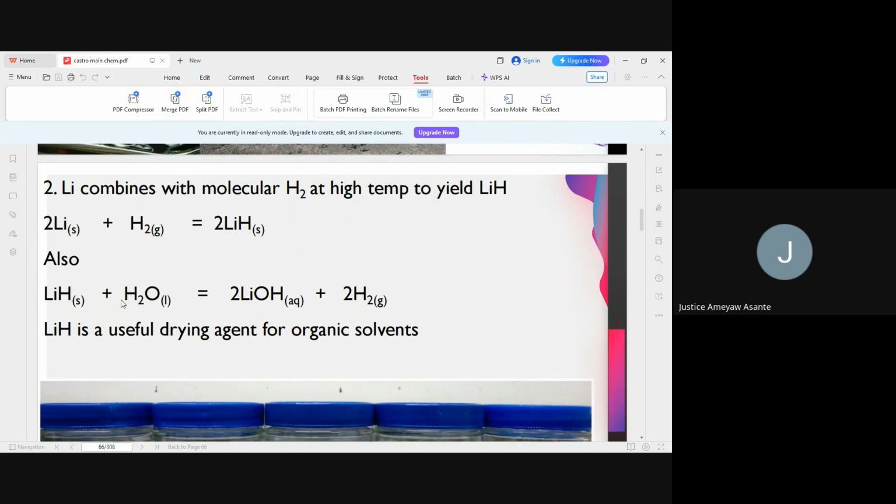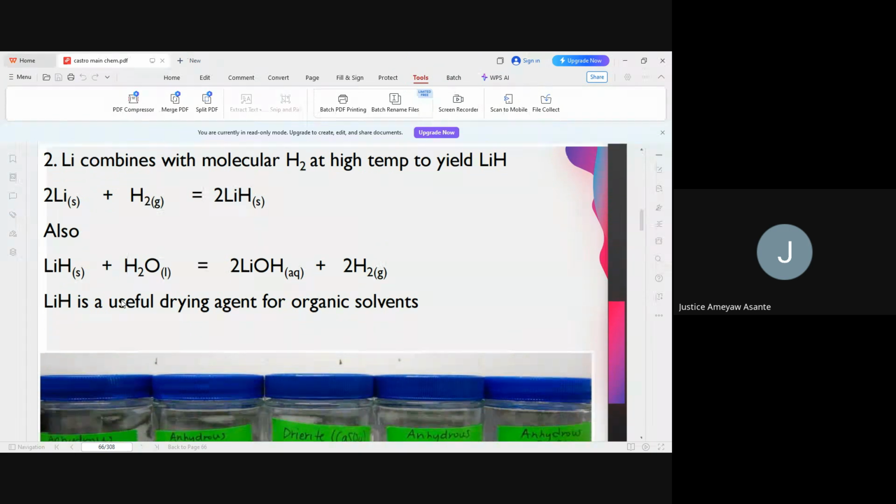Now, lithium hydride can also react with water to give you lithium hydroxide and hydrogen gas. So if you form your lithium hydride and put it in water, it will dissolve to form a basic solution with evolution of hydrogen gas.